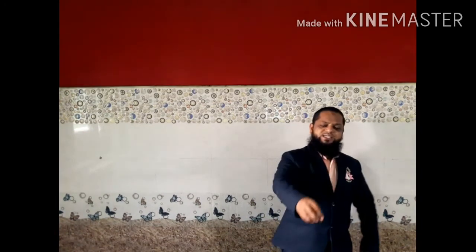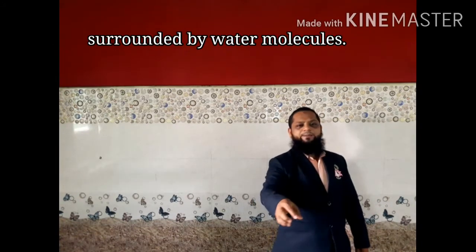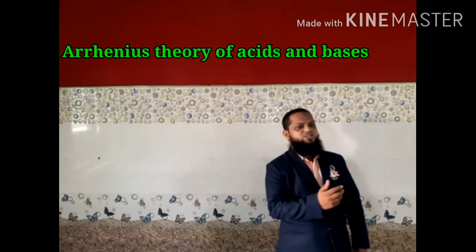Each dissociated ion in the aqueous solution is surrounded by water molecules. This state is indicated by writing (aq), meaning aqueous, on the right of the symbol of the ion. Now let's begin to study the Arrhenius theory of acids and bases.